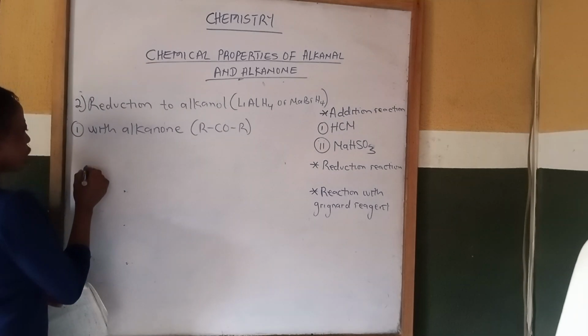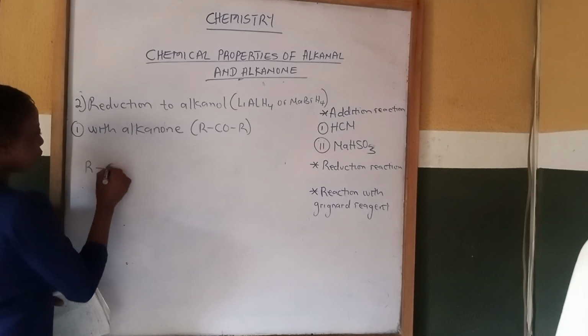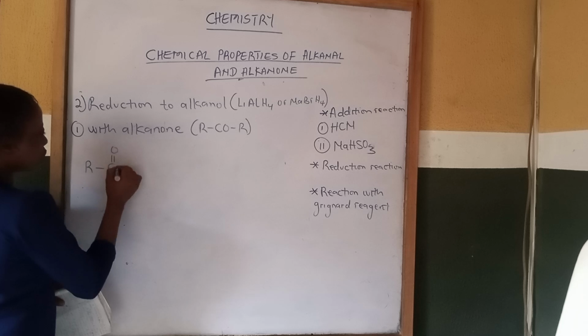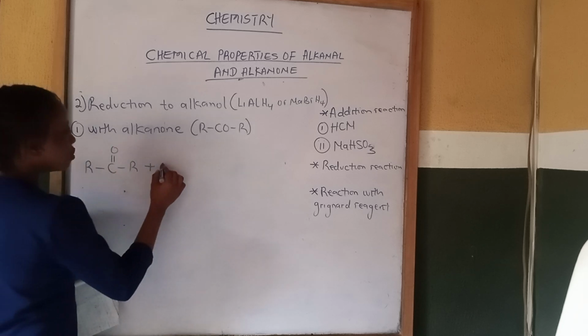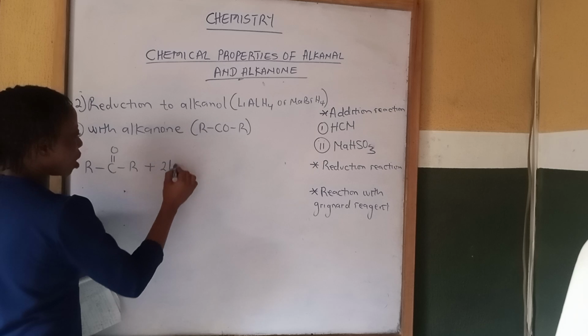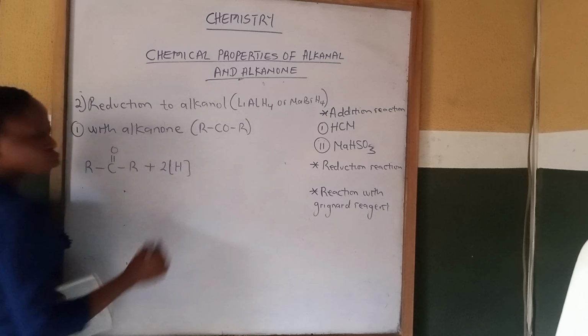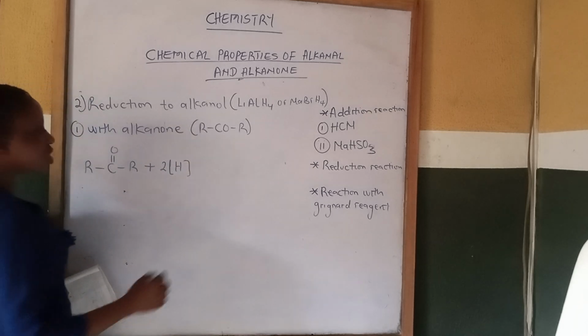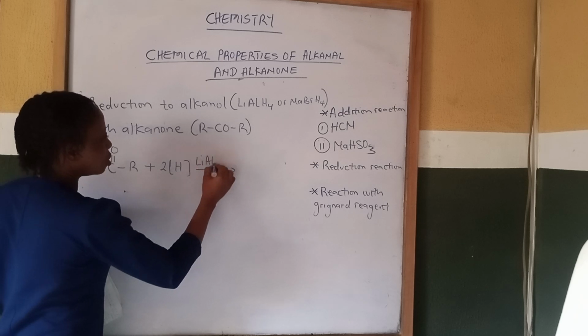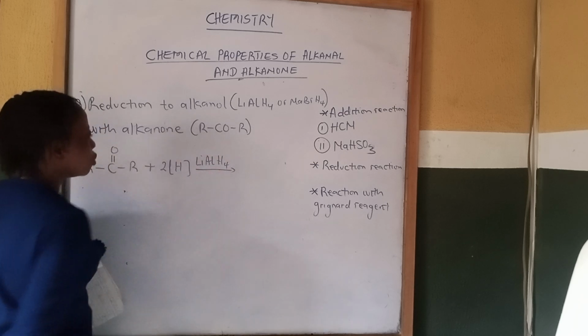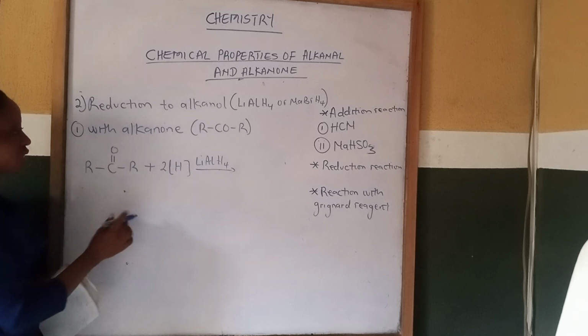So the structural formula will be R, C double bond O, then R. Reacting with what? Hydrogen from our reducing agents. So you bring in hydrogen from your reducing agent, which is lithium aluminum tetrahydride.